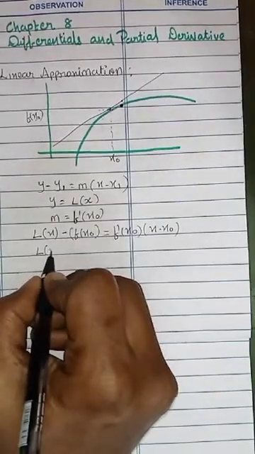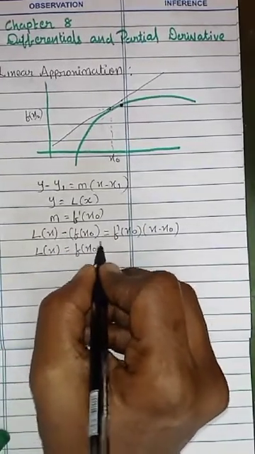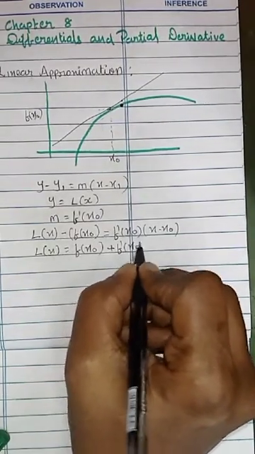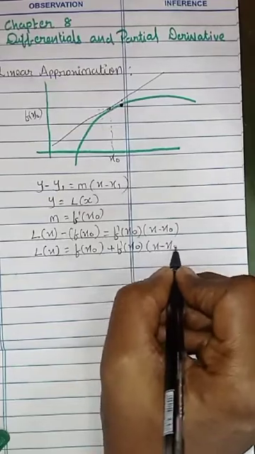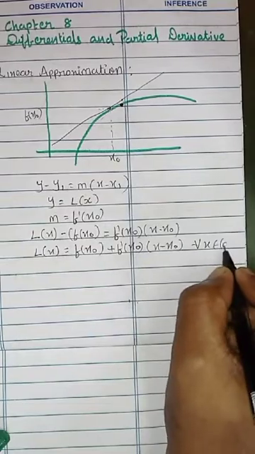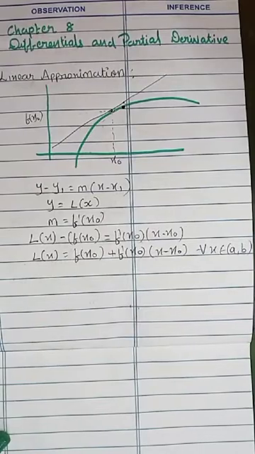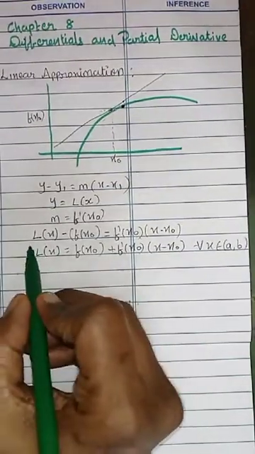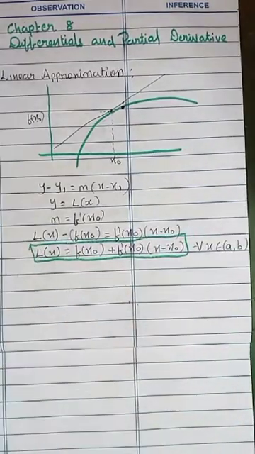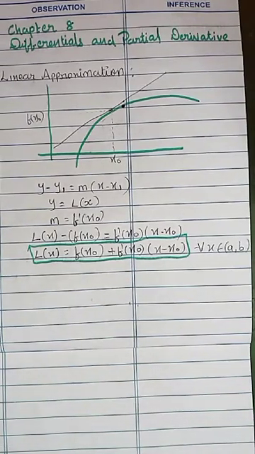So your L of x, when it goes to that side, becomes f of x naught plus f dash of x naught into x minus x naught, for all x belonging to a comma b. This is your linear approximation. What is the linear approximation formula? L of x equal to f of x naught plus f dash of x naught into x minus x naught.